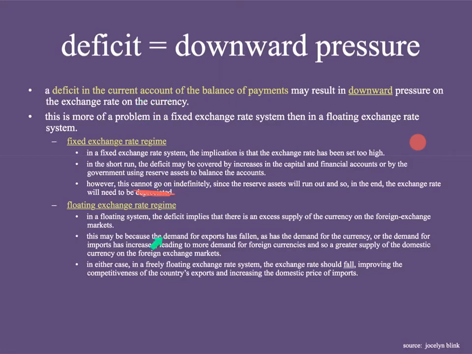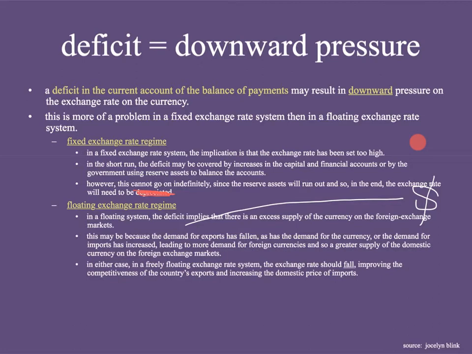In a floating exchange rate, the deficit in the current account, that's half of the balance of payments equation, implies that there is an excess supply of the currency on the foreign exchange market. Wow, that means that more money has left your country. So if you are the U.S., what does that mean? It means that more dollars have left the United States and are floating out there in the currency exchange. There's an increase in supply. And so what does that mean?